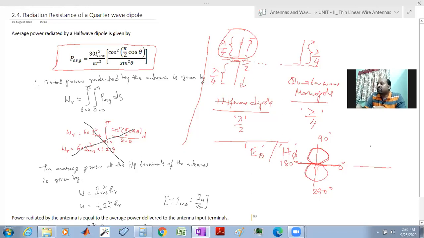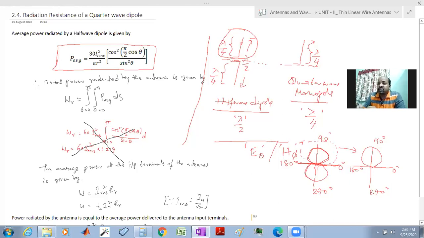Now, what is the radiation pattern of a quarter wave monopole? The radiation pattern of a quarter wave monopole is given like this. That means we are only considering the half structure of the half wave dipole, and that is nothing but the radiation pattern of a quarter wave monopole.